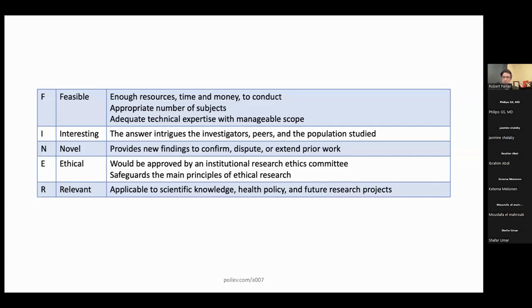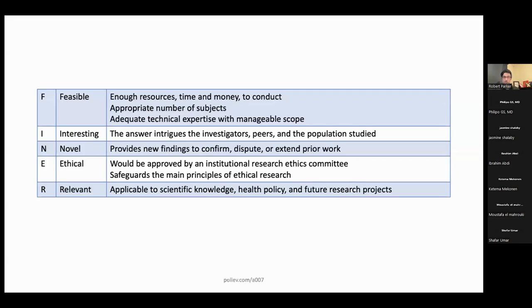If you wanted to do it only at your hospital, it might not be feasible because you may not have the appropriate number of patients for whatever question you might have. So you might need to reach out to colleagues at other hospitals and make this a larger study. But then do you have enough resources, time, and money to make that happen? So you have to think about the feasibility of your study.